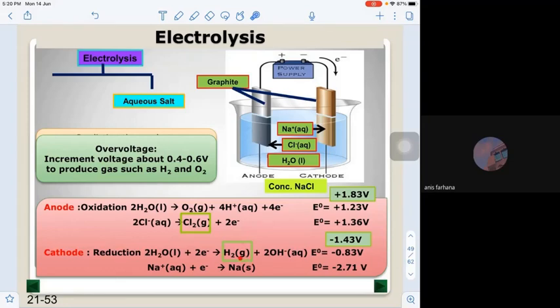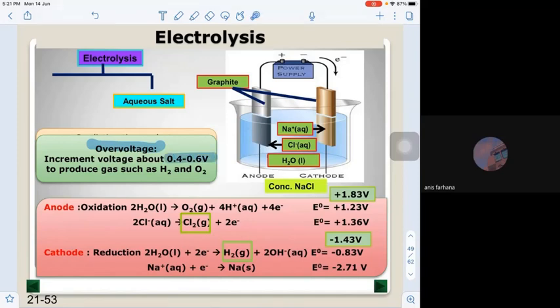From the study, they found that for the hydrogen and oxygen gas to be produced from the H2O, the overvoltage phenomenon can happen. What is the overvoltage phenomenon? Overvoltage means that during the oxidation or reduction of the H2O, there will be an increment of the voltage of about 0.4 to 0.6.